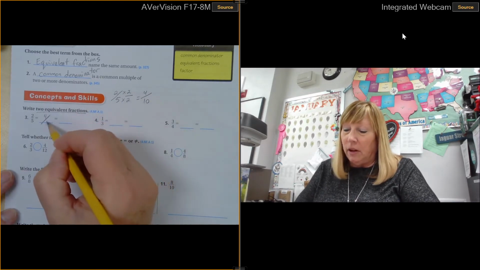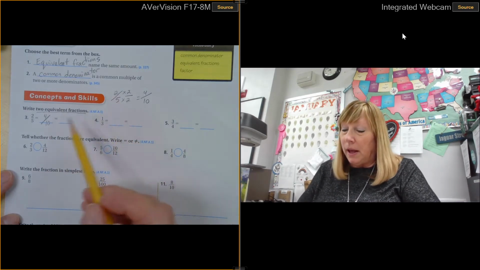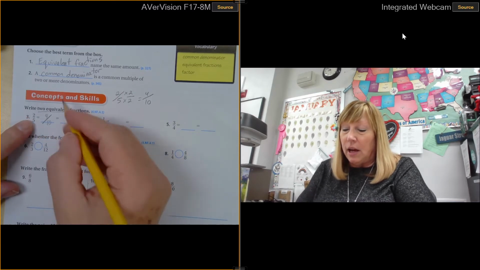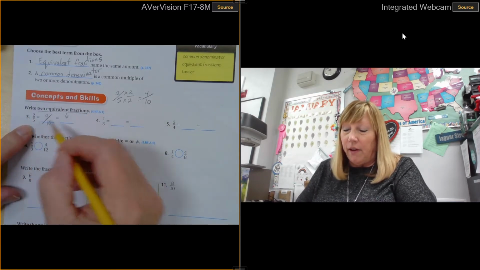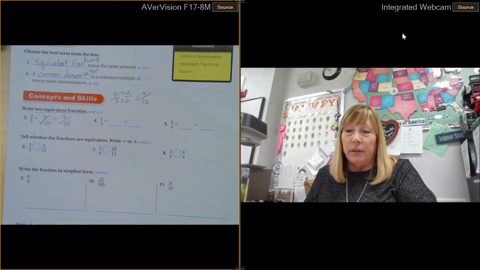That makes an equivalent fraction. All right, we could also multiply by 3. 2 times 3 is 6, 5 times 3 is 15, and we've got our equivalent fractions.